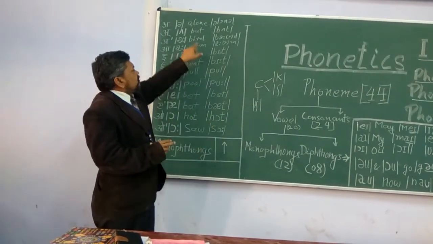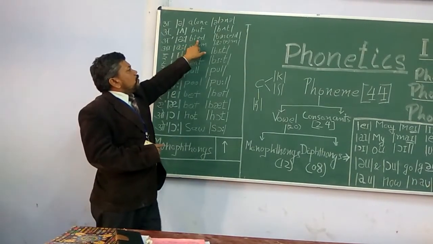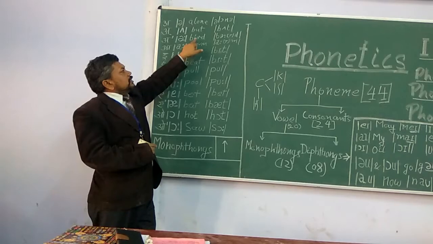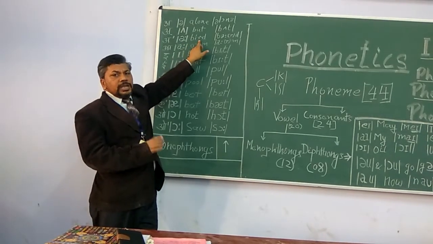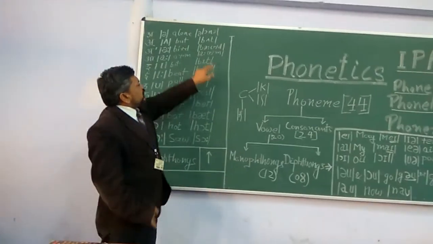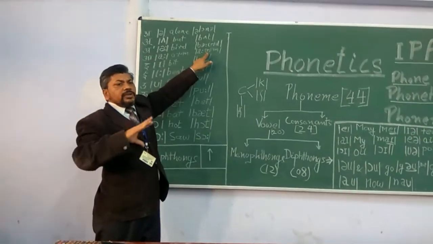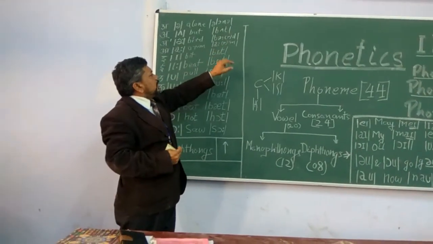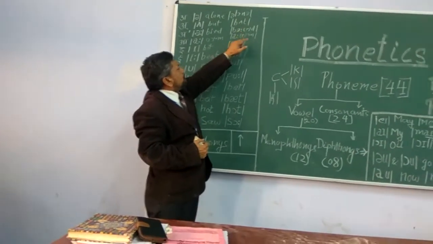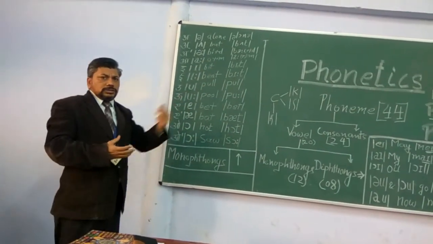If the R sound is followed by any vowel, it will be pronounced, but otherwise it will be silent. That is why it is put here in brackets for the understanding of Indian students. You need not write R. So this is bird, curd, herd.